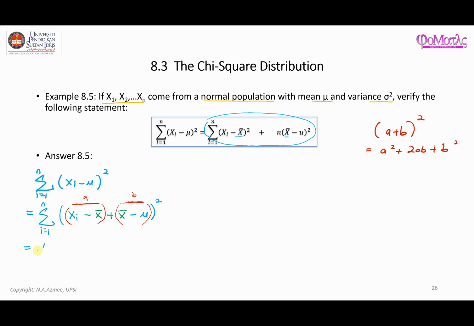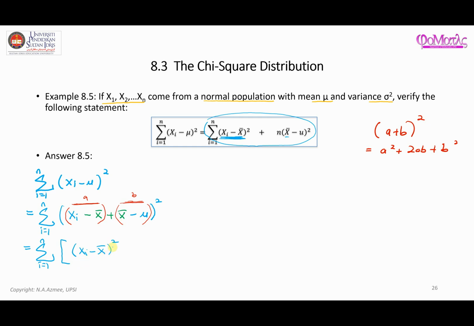Now let's move on. Okay, so if I expand this thing, you can think about it as A and B, like I said just now. A squared, so that means xi minus x bar, and you square it. I hope you can see that now I've got this same look as what I'm supposed to prove, right?